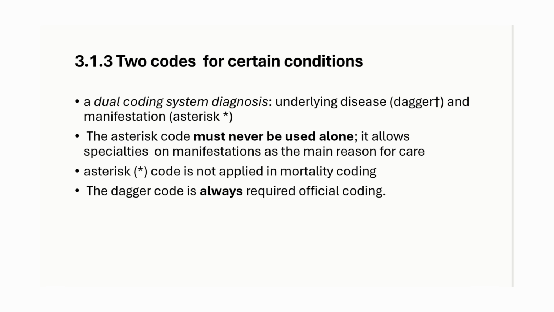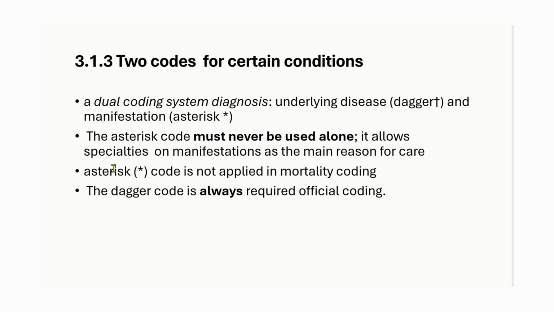In certain cases, you'll find 2 codes. This is a dual coding system which has 2 areas. The first one, the underlying disease, which is represented by a dagger symbol, and a manifestation, which is represented by an asterisk symbol.